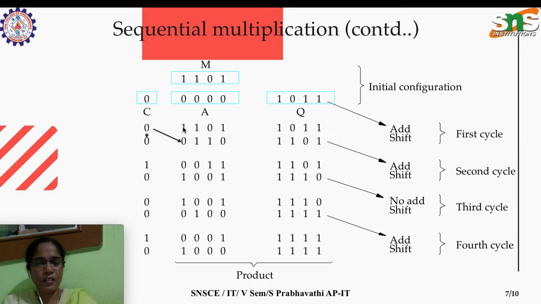This bit is shifted here, this one is shifted here, and the multiplier is shifted as well, and this last bit is removed, wiped off from the register.